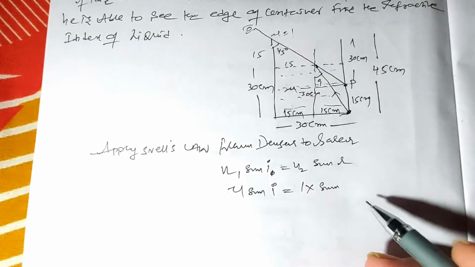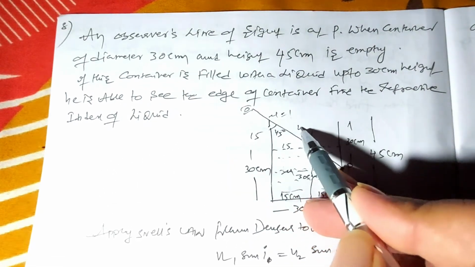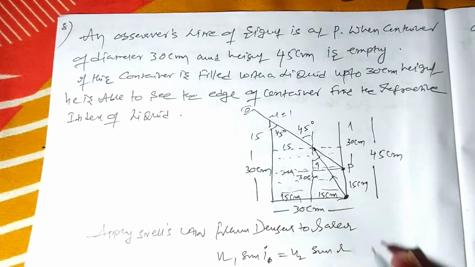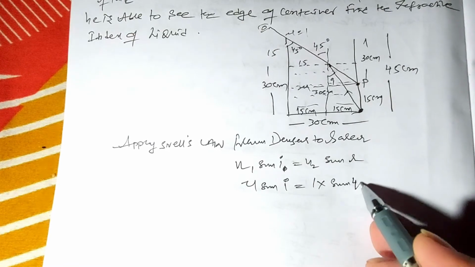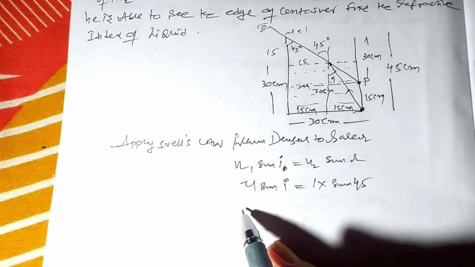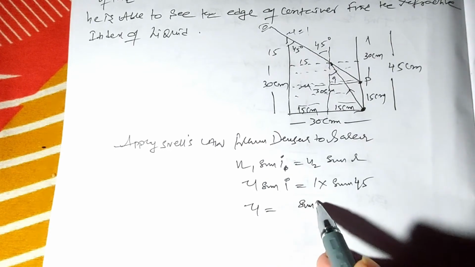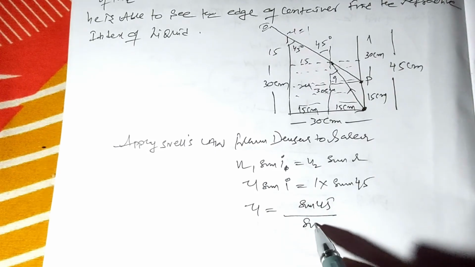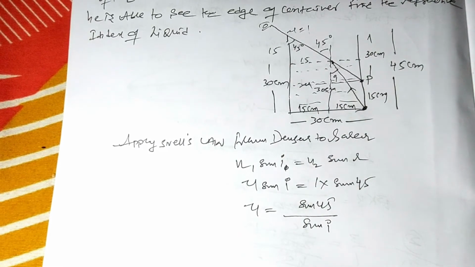Here r is 45, since alternate angles are equal, so sin 45. So mu is equal to sin 45 divided by sin i.